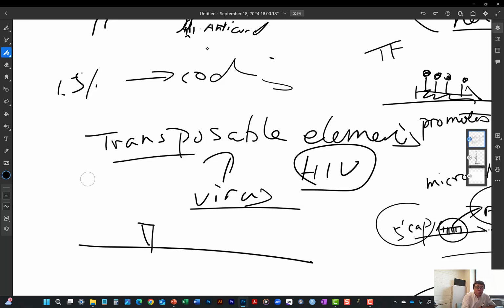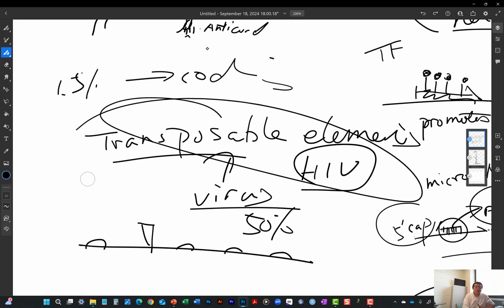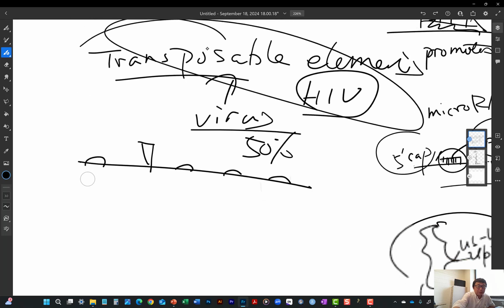And then some of those transposable elements not only integrate their genome here, but also make copies. They copy themselves to amplify into multiple copies in the human genome. And because they can amplify, just like a virus amplifies itself in the genome, about 50% of the whole genome is actually occupied by these transposable elements.